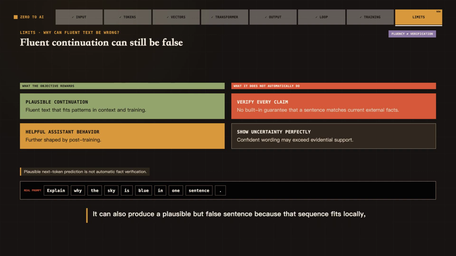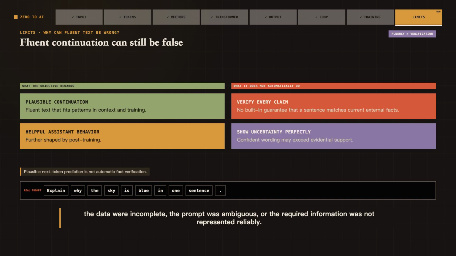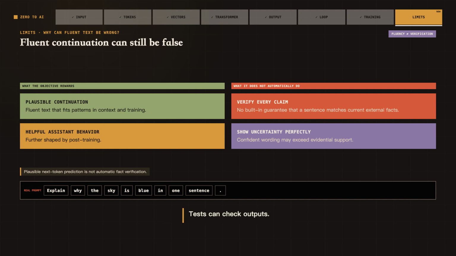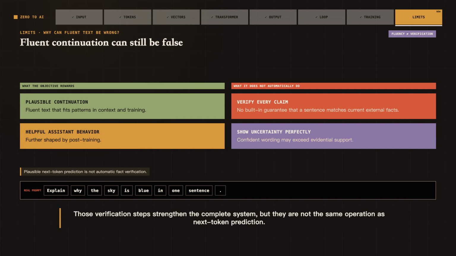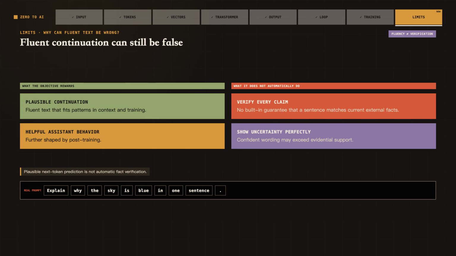It can also produce a plausible but false sentence because that sequence fits locally. The data were incomplete, the prompt was ambiguous, or the required information was not represented reliably. Retrieval can provide sources. Tools can calculate or execute code. Tests can check outputs. A human can inspect evidence. Those verification steps strengthen the complete system, but they are not the same operation as next token prediction.